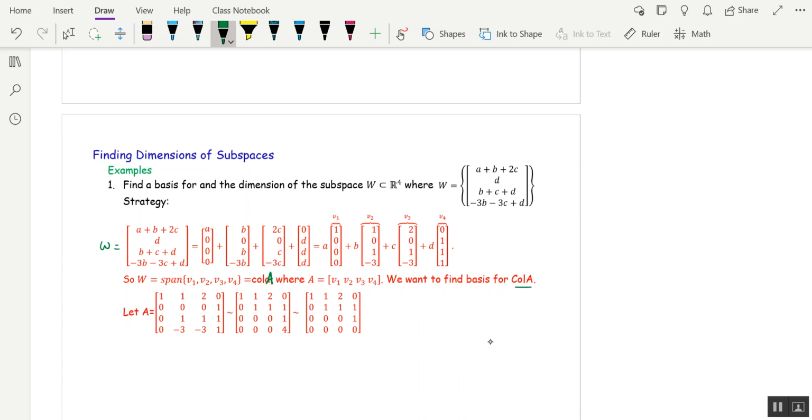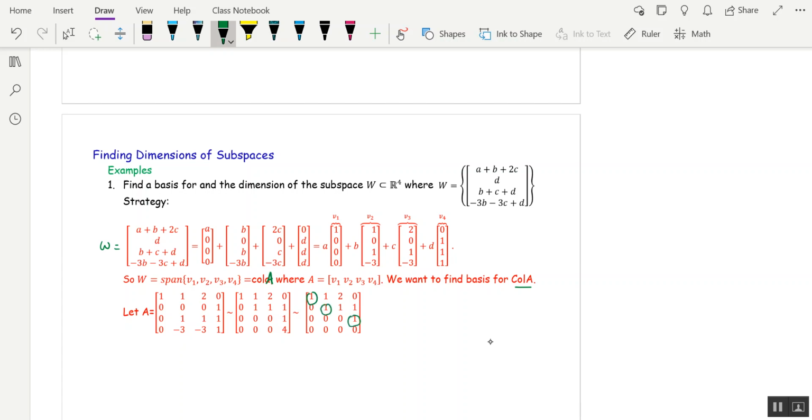Remember, Col A is the space spanned by the columns of a matrix, and that's just how we've defined W. I went through and did the matrix reduction for us. I put v1 through v4 into a matrix, and I reduced. Notice I only went to echelon form because I'm only looking for pivots.